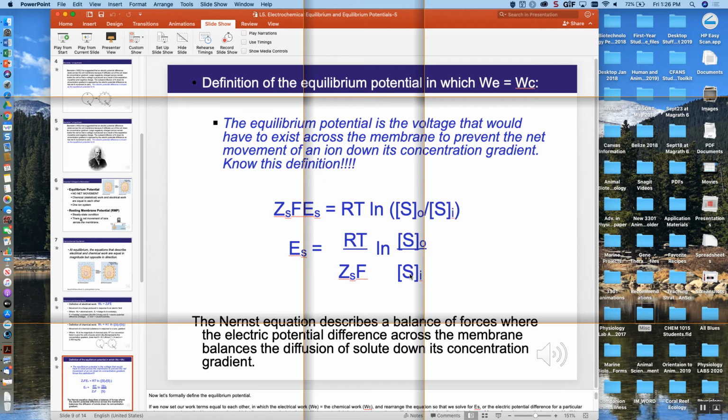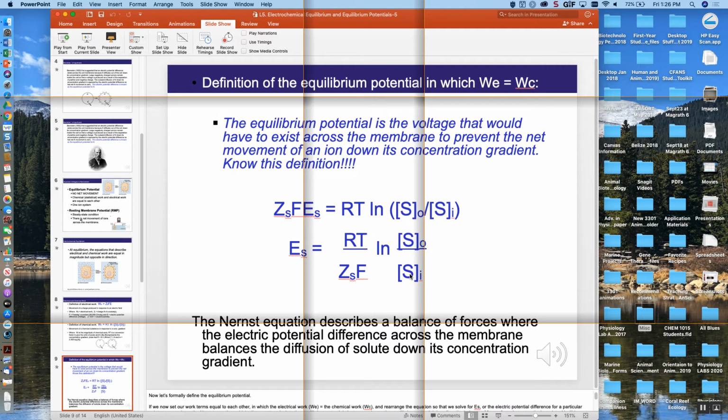Great question. Is sodium moving? If the resting membrane potential is not sitting right on top of the equilibrium potential for sodium, then you know there's net movement, okay? So in this case, both sodium and chloride are moving. Sodium's going to be moving in, chloride's going to be moving out.